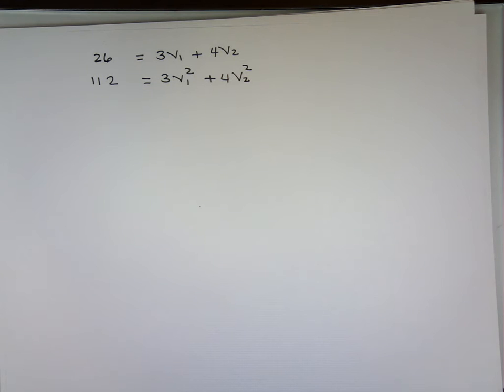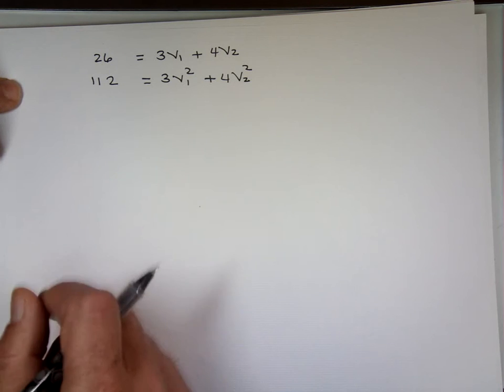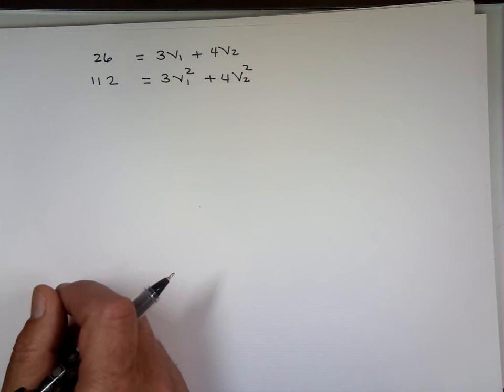Can you combine them? Or no? What do you mean by that, Alyssa? Combine them? Add them? Yeah. Can't, because this is v squared and that's v. Oh. See, this is squared, that's not. But I can use substitution, right? I can solve for one of them.